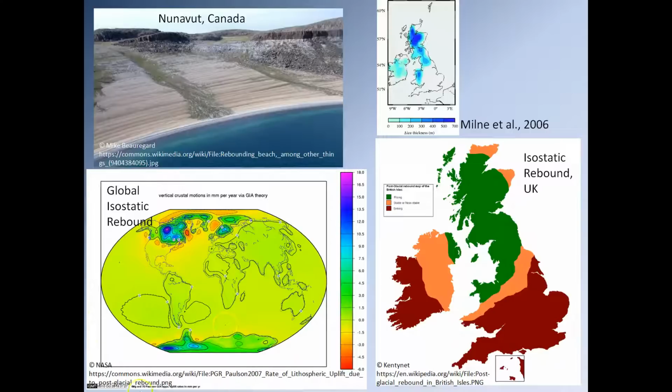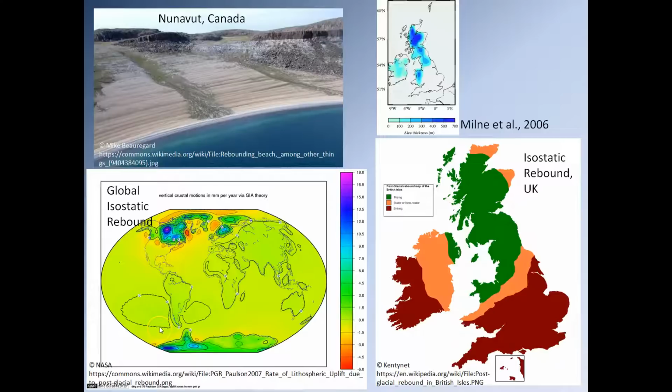You can also see down here the effects of the end of the last ice age and more modern melting taking place in Antarctica, causing the ice sheets to thin out, and we're seeing these areas of Antarctica beginning to bounce up as the ice sheets get thinner in this region over here.